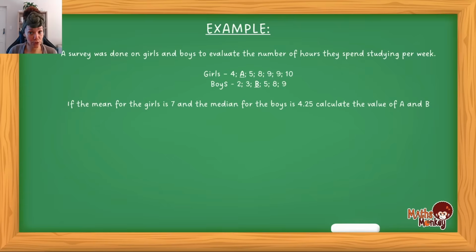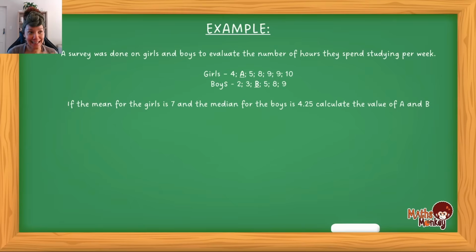There's a good chance that they could, but very seldom do they give it to you in such a simplistic way. What they rather choose to do is tell you what the mean or the mode or the median or the range is, and you have to calculate a missing value within that data set.